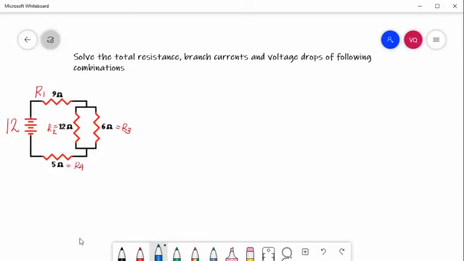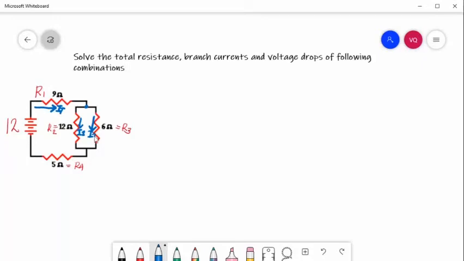So for our total current, we can see that our total current is equal to the current flowing in R1, which is I1. So this one is our total current, and it will divide at this node into R2, which is I2 in the downward direction, and R3, which is I3, downward.